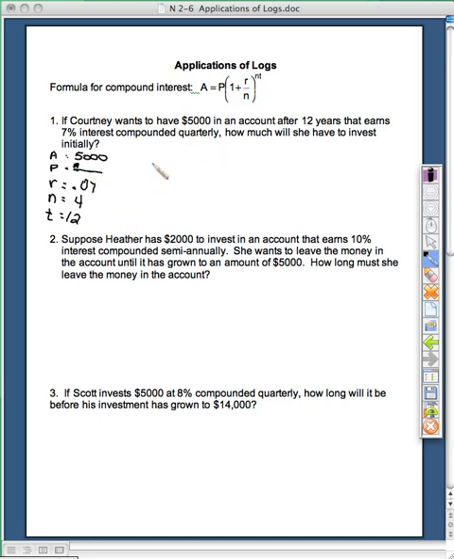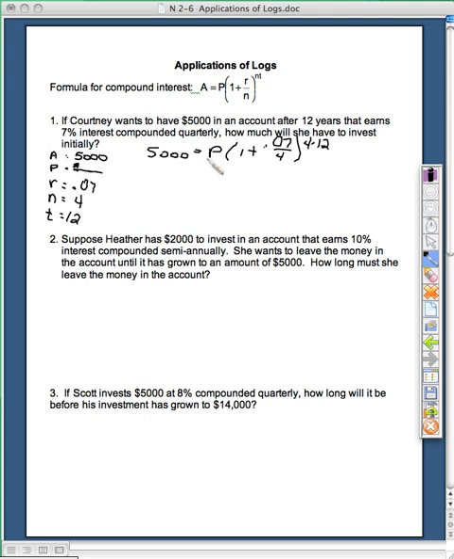Putting it in the formula, you've got 5,000 is equal to P times (1 plus 0.07 over 4) to the 4 times 12, or 48. Now you can just put this in your calculator.